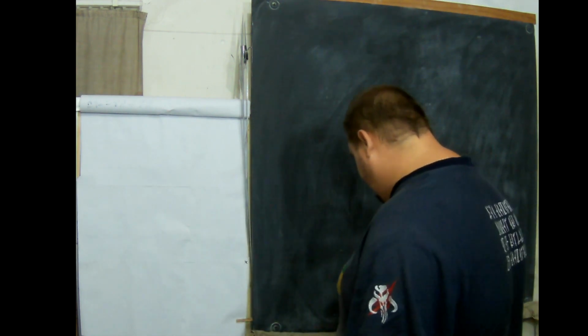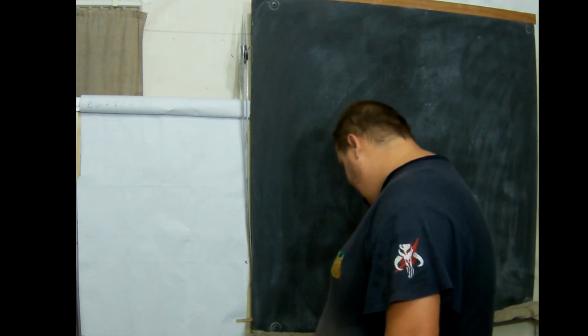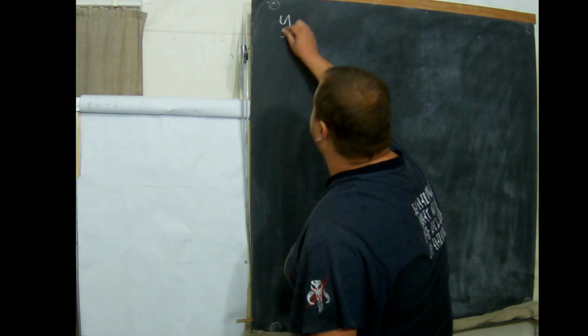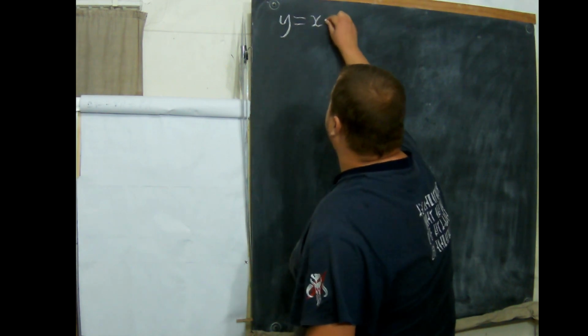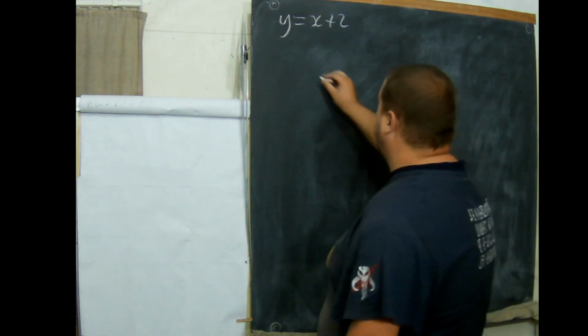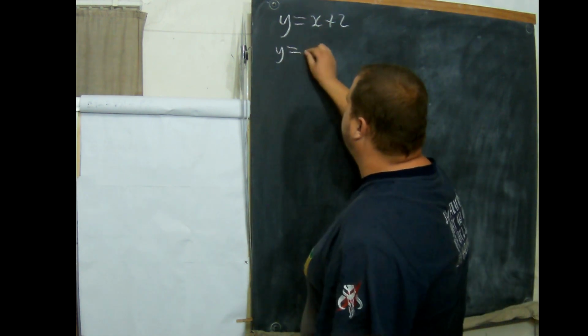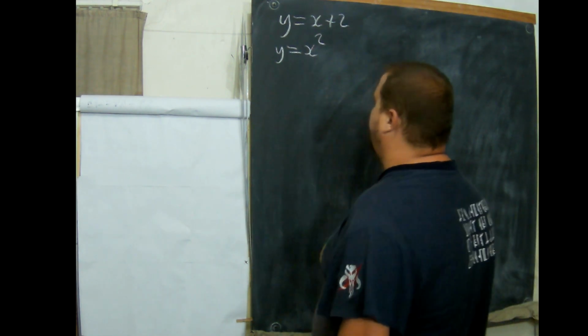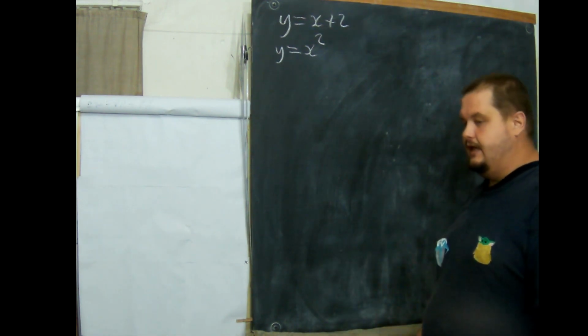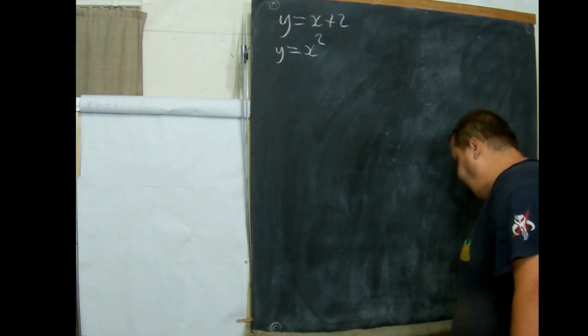When you see these on the exam paper, you'll see something like this: y is equal to x plus 2, and y is equal to x squared. In this case, it's a parabola.